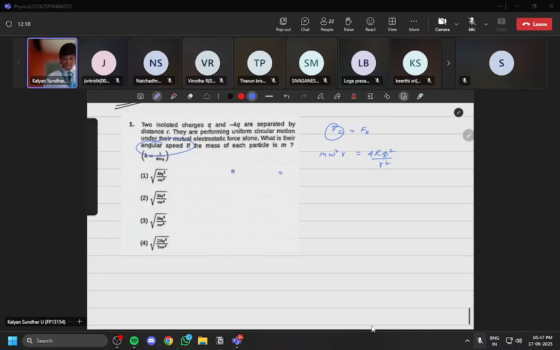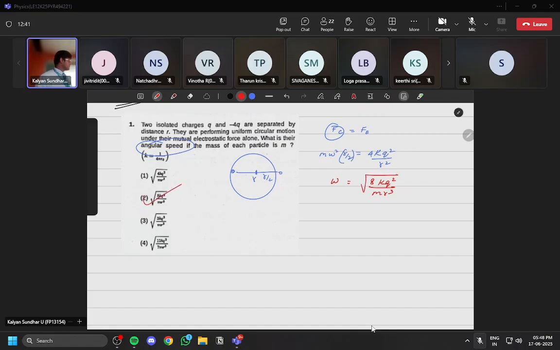These are the two charges. They are going to revolve around the center. The total distance is r, so the radius is r by 2. So here we have to put r by 2 instead. Right? Now, omega square will be equal to 8kq square by m into r cube. So it will be under the root.